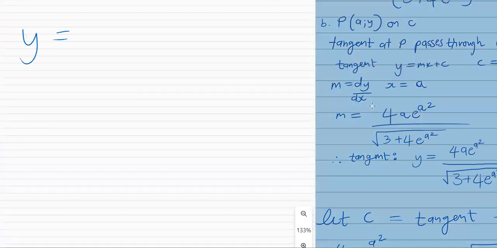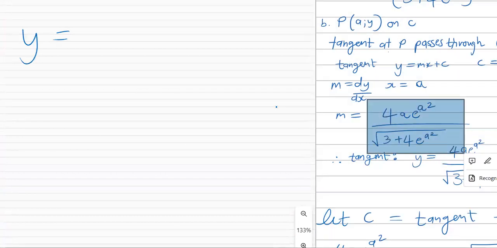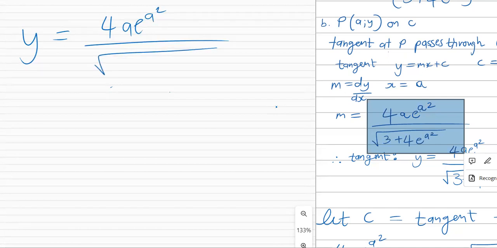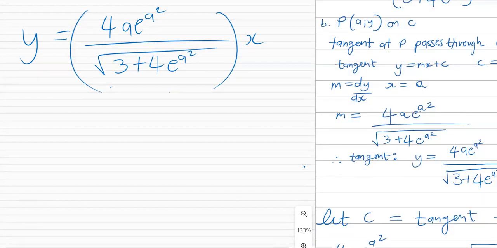Our tangent line is y equals this whole thing, x. So for a squared all over the square root of 3 plus 4a squared, x. And that's our tangent line because this was m. Okay, so now we've got our tangent line and we had our equation for c.